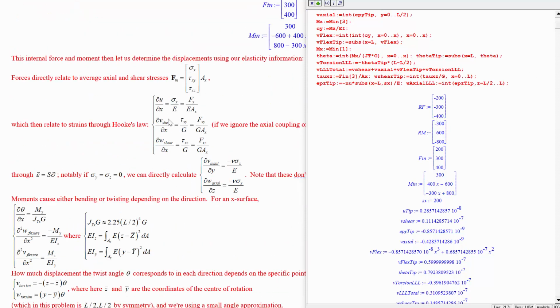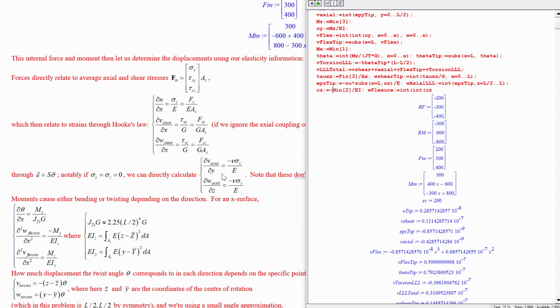Where do we get bending from? We get bending in the z direction from the moment in y. So C in z, curvature in z, is going to be my, which is m internal 2 divided by EI. And then we can convert that to a displacement by saying w flexure is equal to the integral of cz.